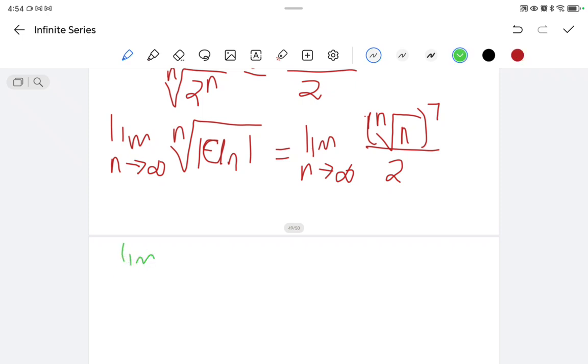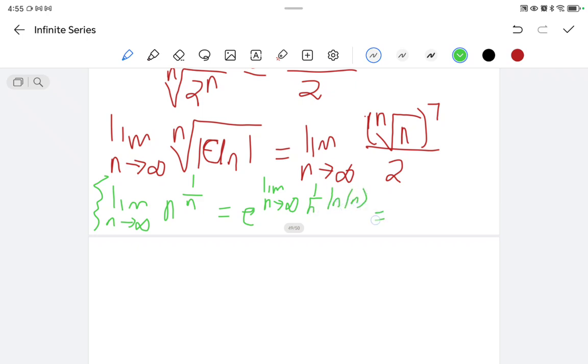The limit as n approaches infinity of n to the 1 over n will be equal to e to the limit as n approaches infinity of 1 over n ln n, which is e to the limit of ln n over n.